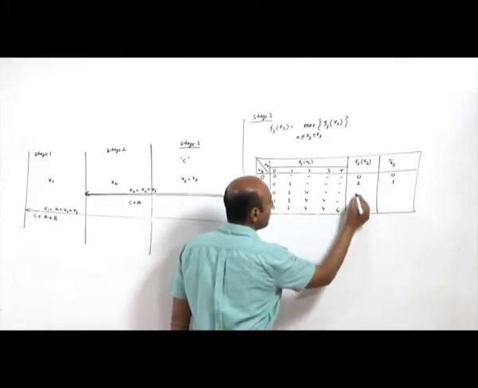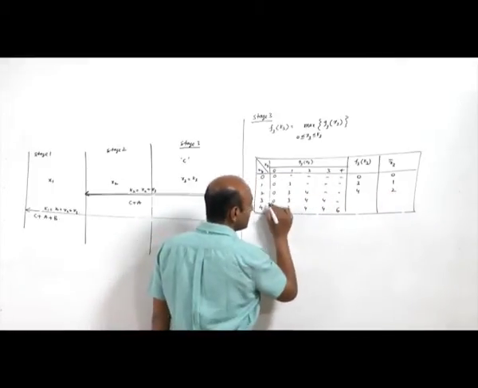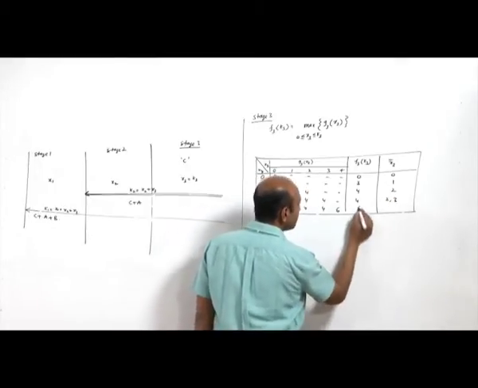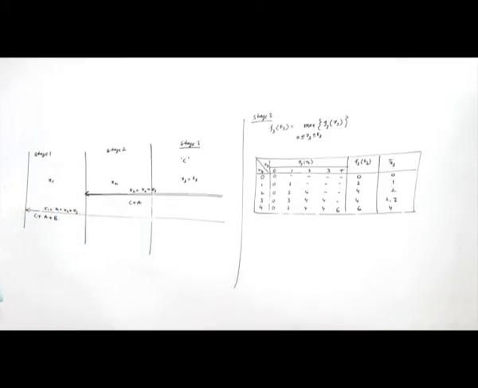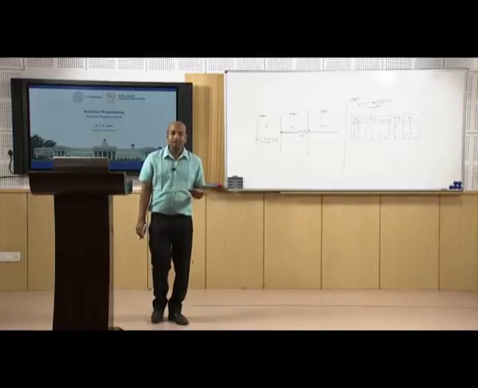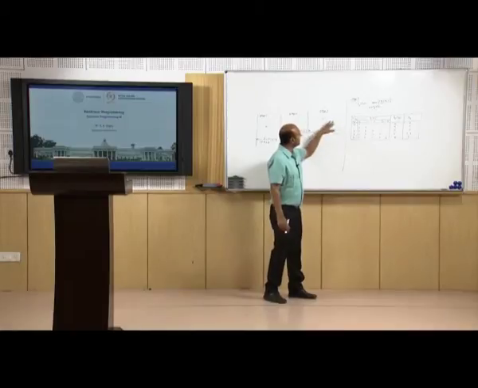This maximum is 4, at which X3? At 2. This maximum is 4 at 2 and 3, this maximum is 6 at 4. So this is the maximum return obtained from stage 3. Stage 3 means when all the money is to be allocated for plant C only.